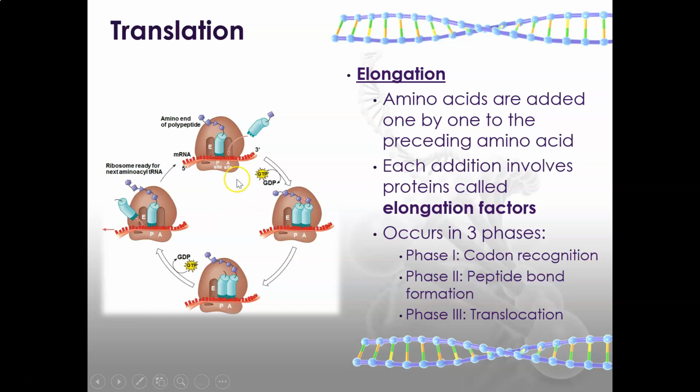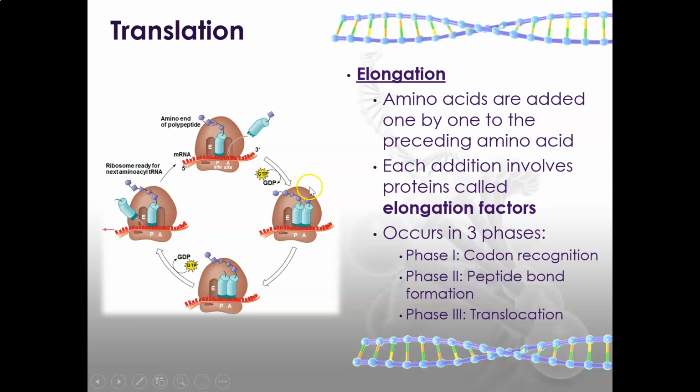Elongation then is going to be the complementary base pairing in that A site, so finding the corresponding anticodon to the codon that is currently sitting in that A site. tRNAs will bounce in and out of that site until you find the match. Once that match is found, then we're going to shuffle this over. As this happens, we're going to use some GTP. Think of it like ATP.